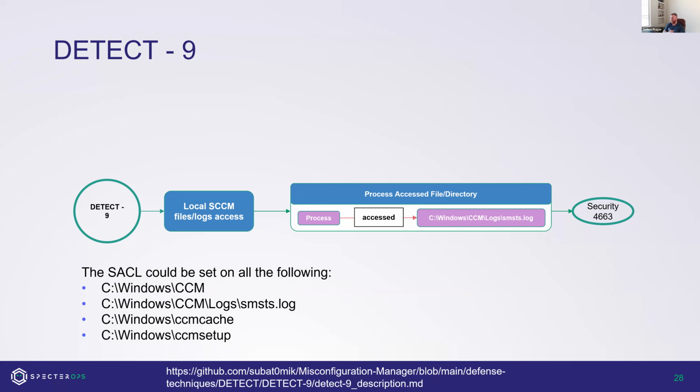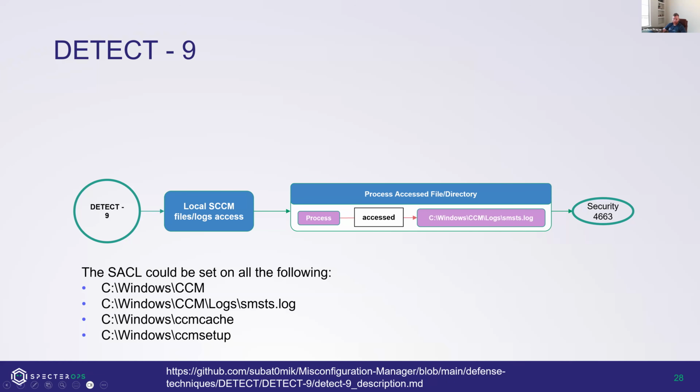Or you can say anytime they're going after a particular log file, such as logs\smsts.log, which contains that SCCM infrastructure. But like I said, everything in Windows is an object, and you can set a SACL on those objects. You can also do a preventative control and reconfigure the DACL so that only certain privileged accounts or privileged processes can access these log files, essentially blocking an adversary from being able to access them.